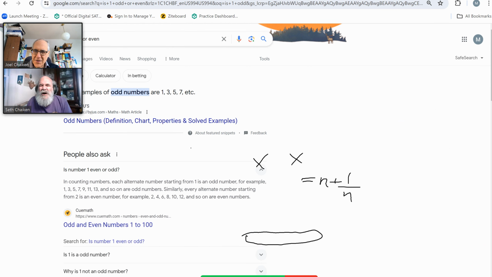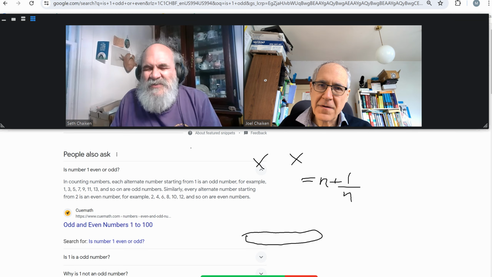What does it mean? Even means the number is equal to 2 integers added to each other. Odd means it's not. 0 is that way: 0 equals 0 plus 0. With 1, there's no way you could add 2 equal integers and get a 1.